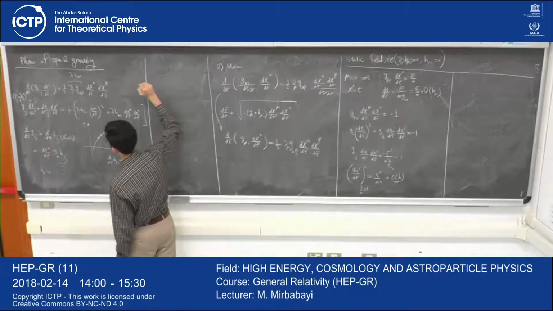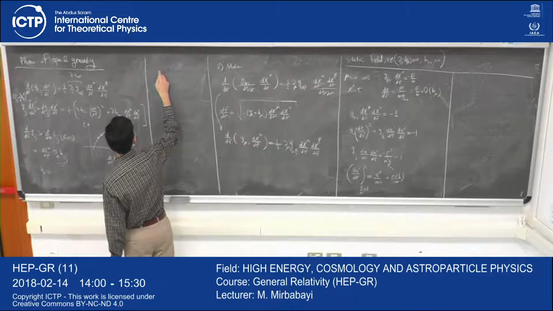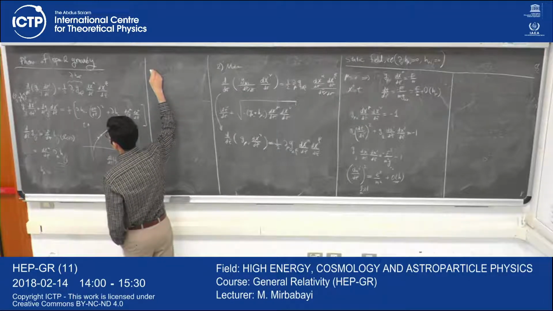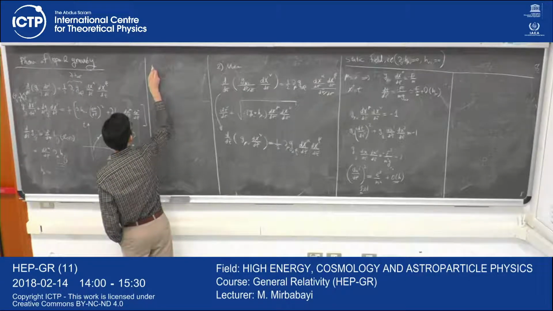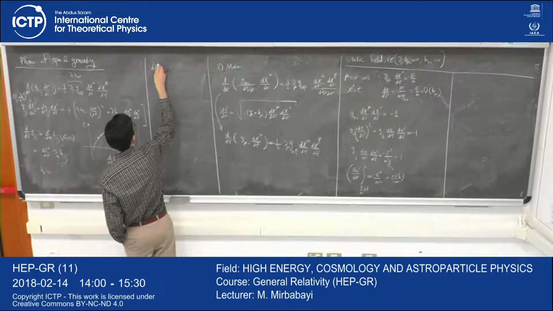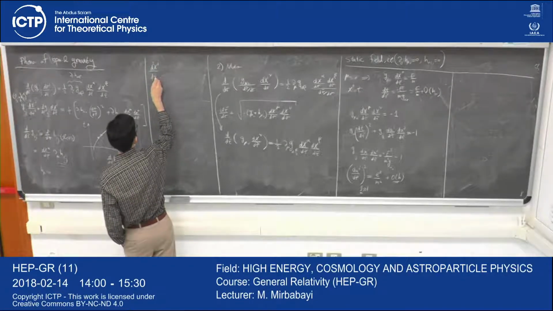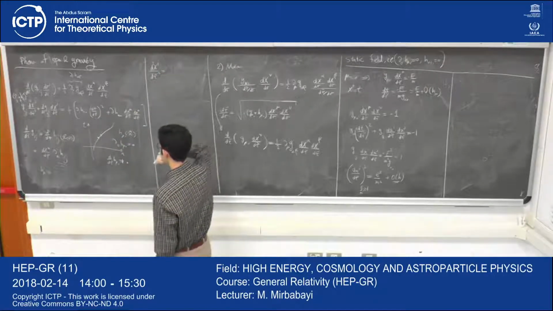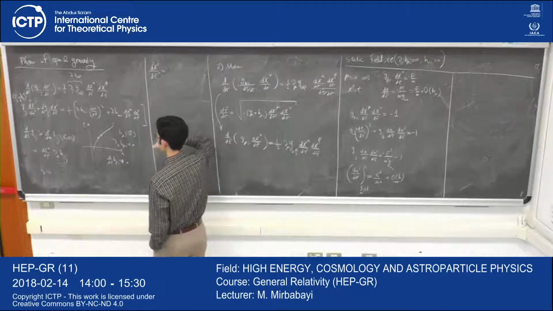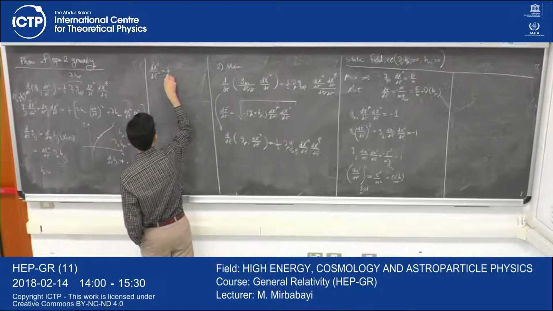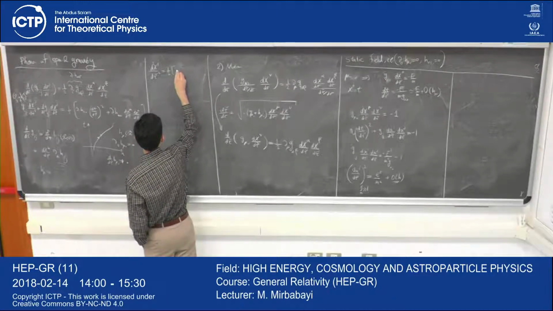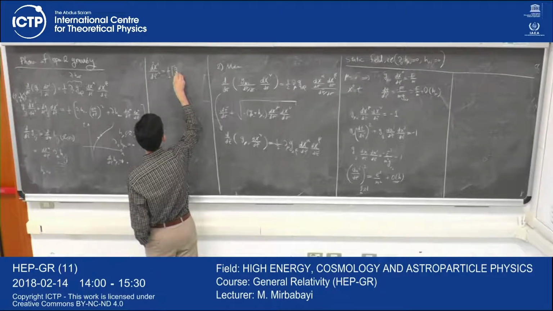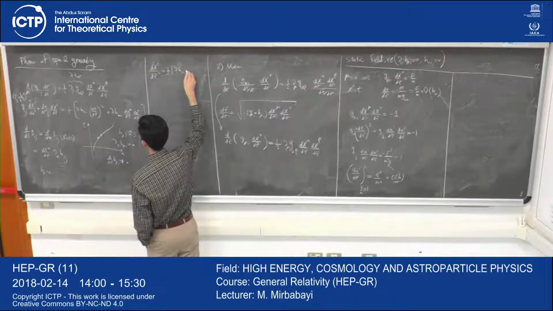Okay. So what we have is d squared x over d tau tilde squared is equal to some lengthy expression. So it's 1/2 d_i of h_00 times t dot squared.